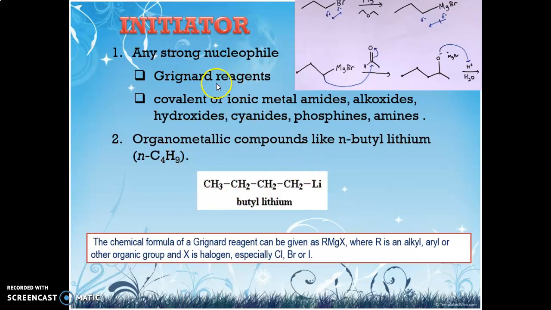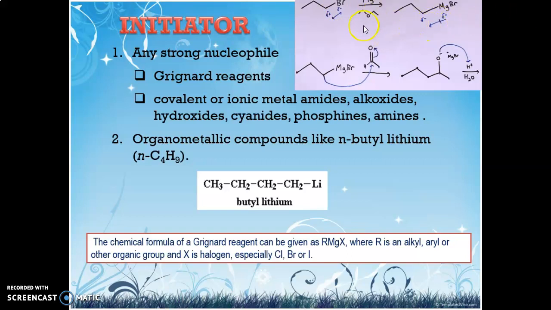So the Grignard reagent is actually an organometallic chemical reaction in which the alkyl, vinyl or aryl group containing magnesium with a halide, which is bromine, chlorine or iodine, adds to a carbonyl group.